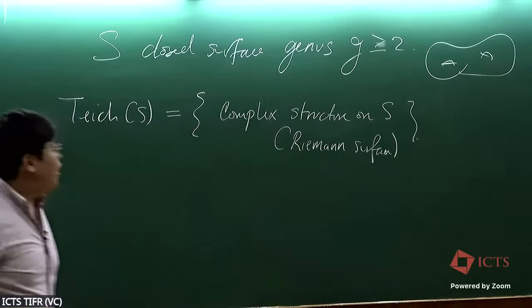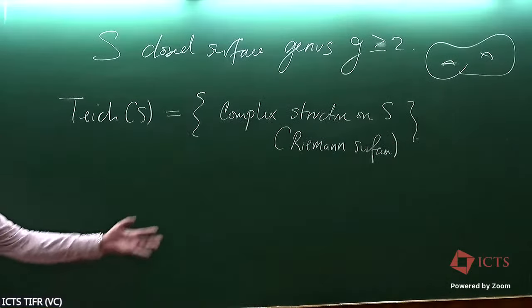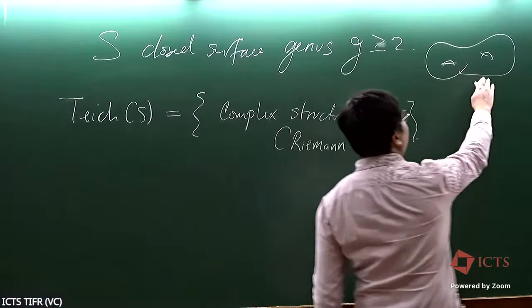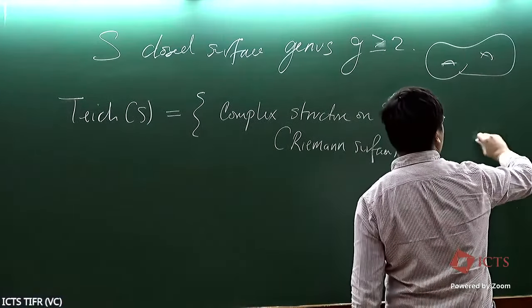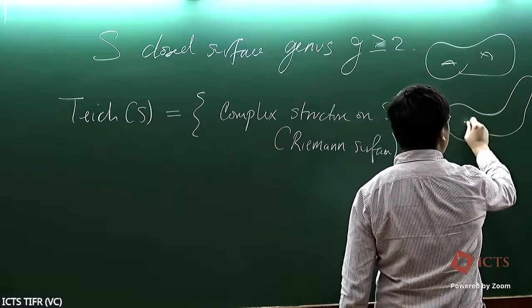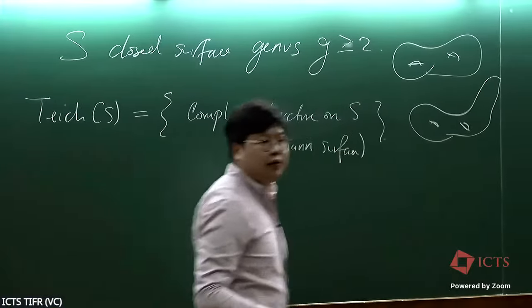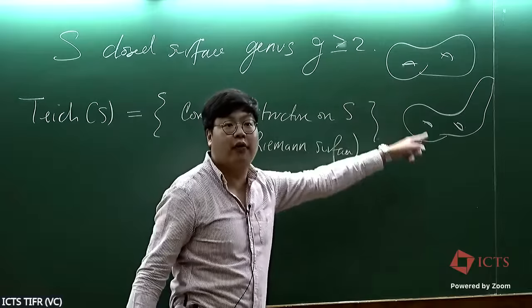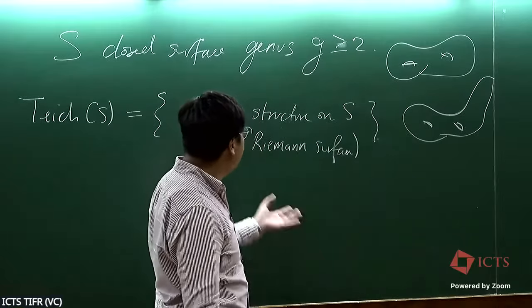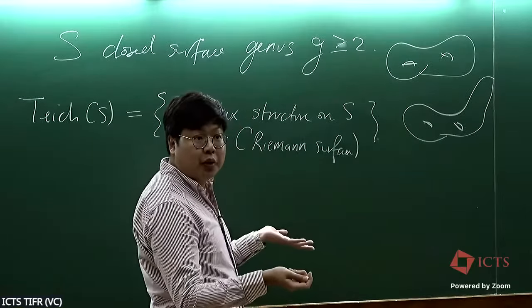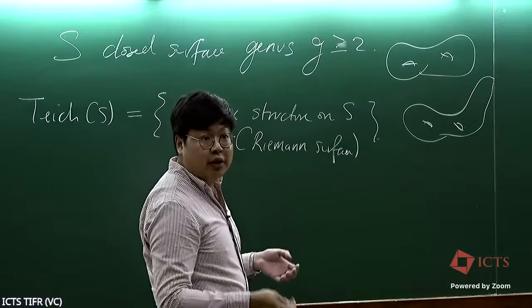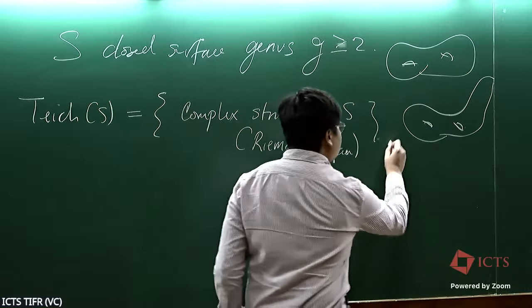And I need some identification. Just like with surfaces, if I draw a surface here, that's a surface of genus 2. Here's another surface of genus 2. You don't want to regard them as different surfaces. Clearly these are homeomorphic, so I need some sort of identification. If I have two Riemann surfaces, the natural thing is to identify them if there's a biholomorphism between the two. I certainly need that.